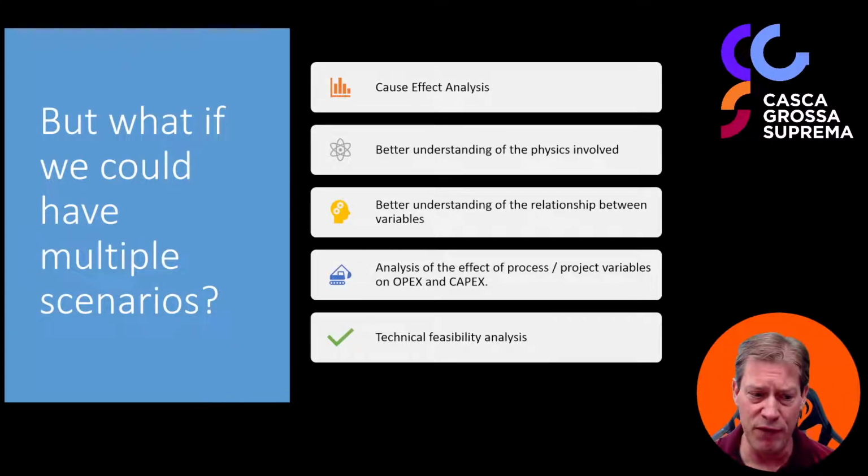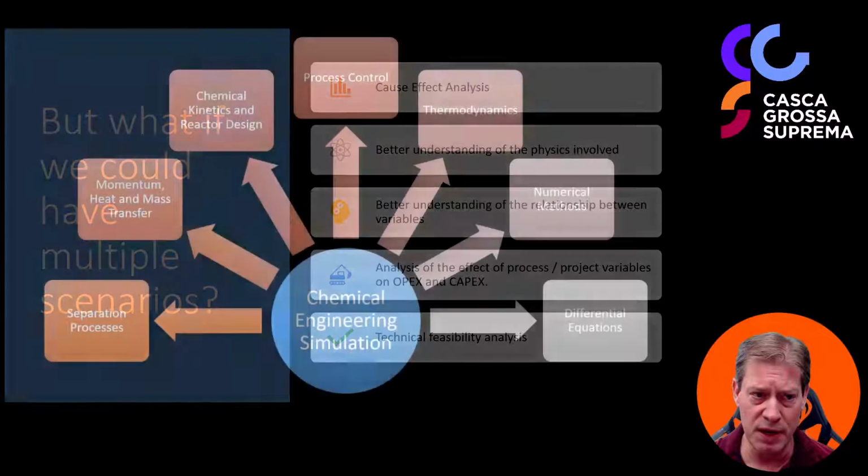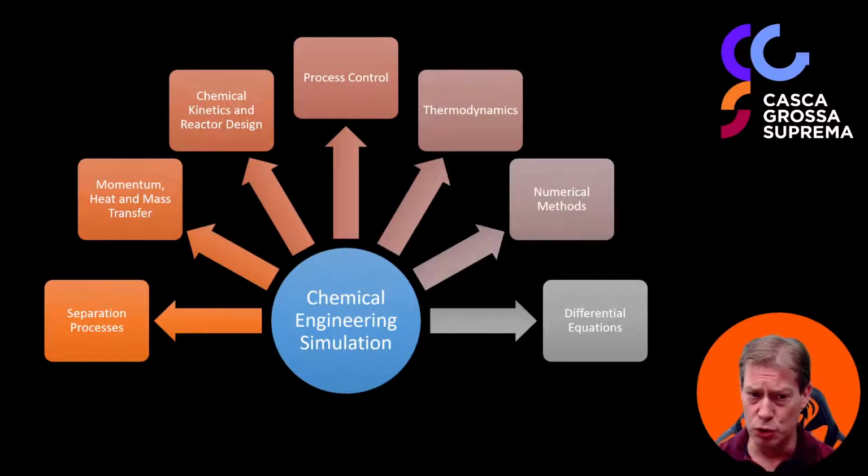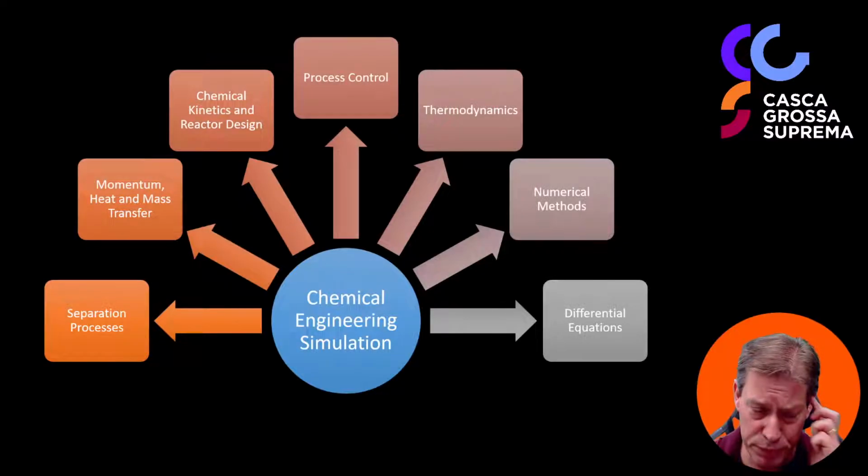So if we think about that, we start to think about not using simulation tools only at the end of the chemical engineering course, but also from the beginning, and using the computer simulation tool as a support for the separation process classes, unit operations, numerical analysis, thermodynamics, and also the basic things like solving differential equations and something else.